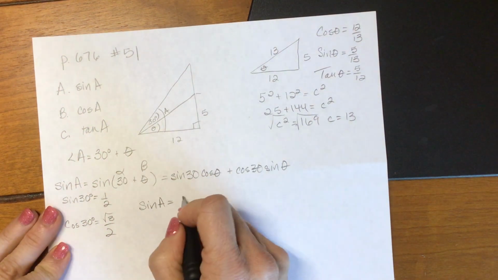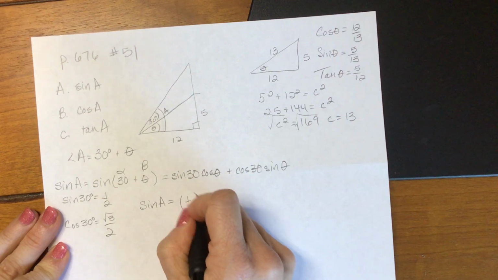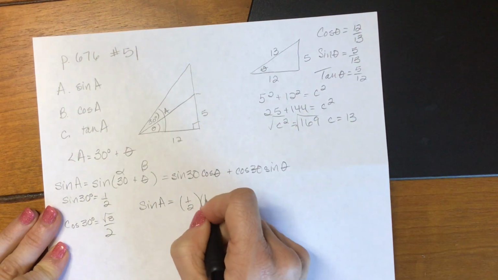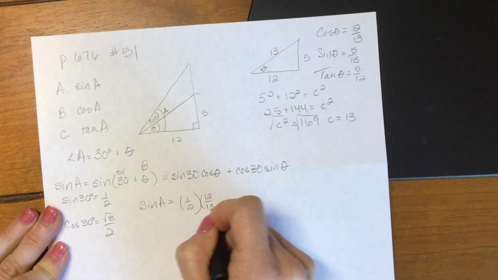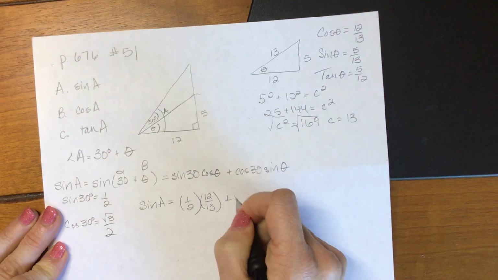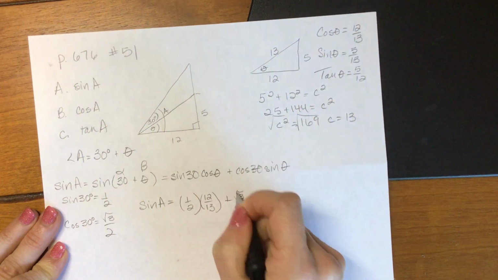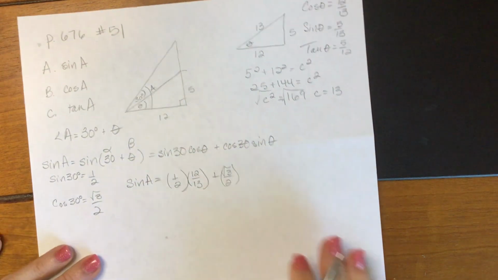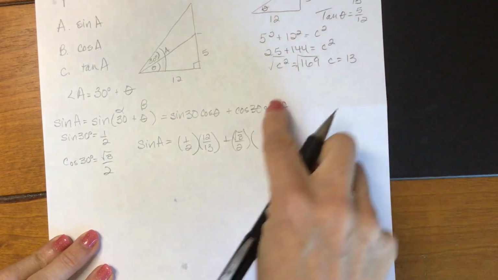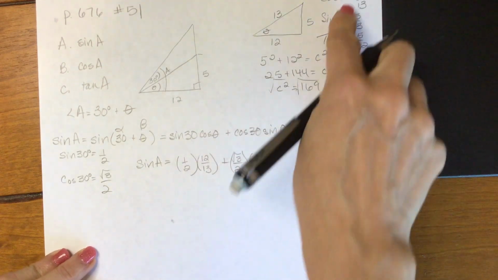Sine of 30 is 1/2 times cosine of theta is 12/13, plus cosine of 30 is √3/2, and then we have sine of theta is 5/13.